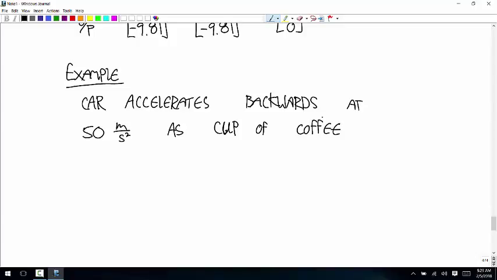This is a big acceleration. So this is like what would happen if a car hit something.